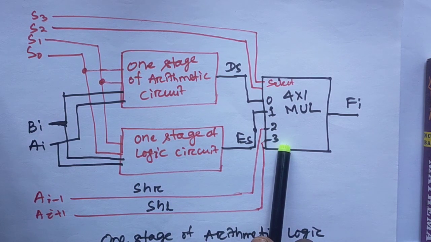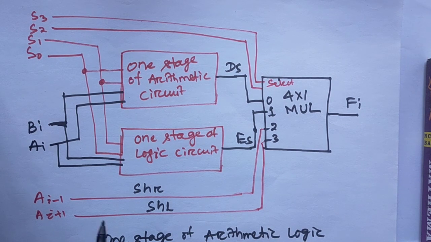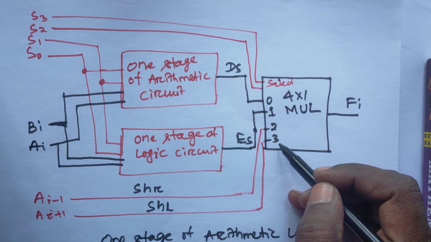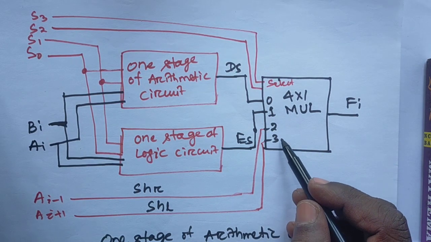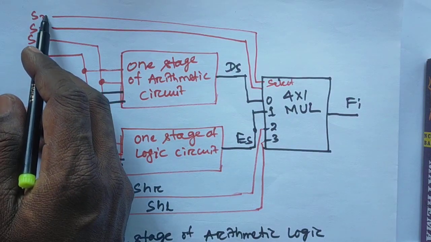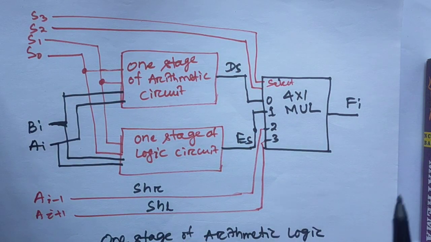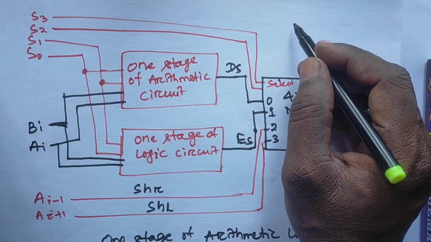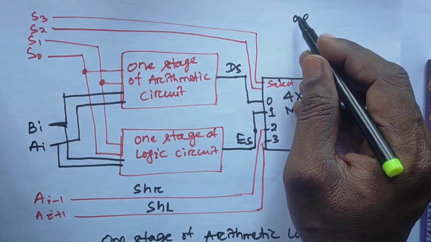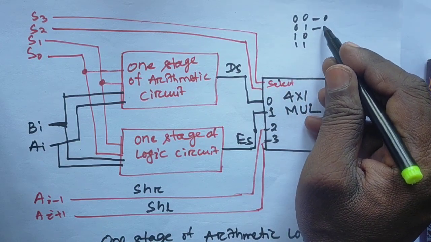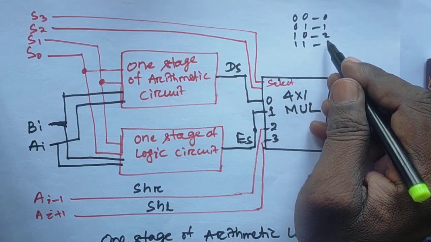Now you see it is mentioned in a very simple way, and whether 0, 1, 2, or 3 is defined through 2 selectors, S2 and S3. The values are 0 0, 0 1, 1 0, 1 1, that is position 0, 1, 2 and 3.